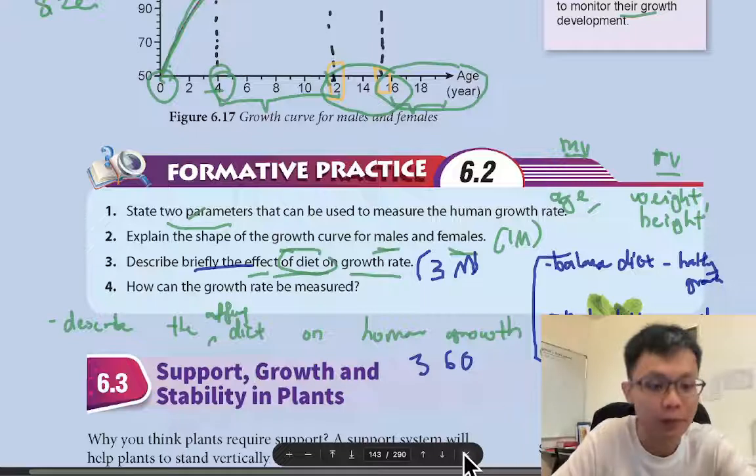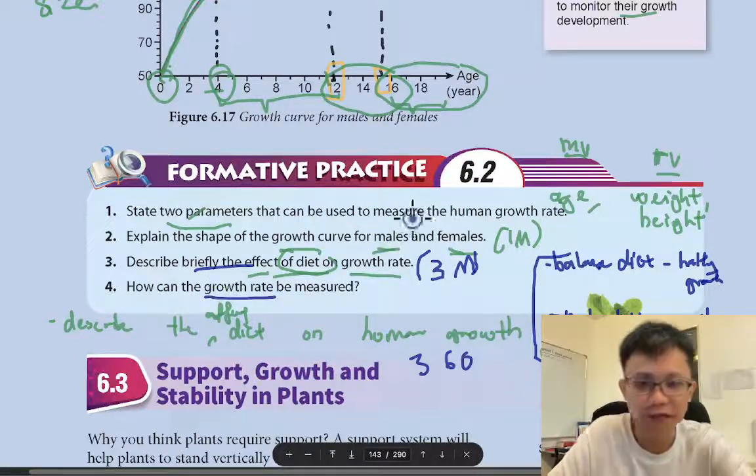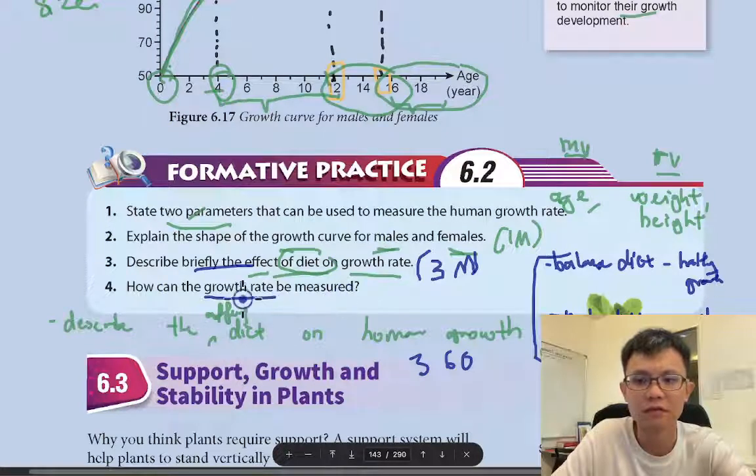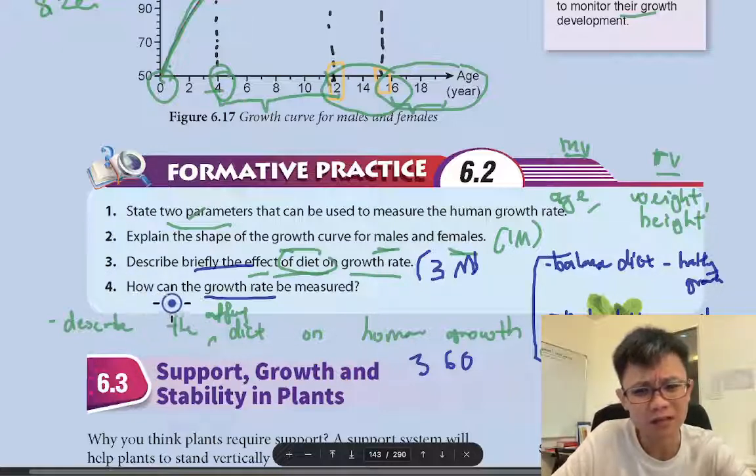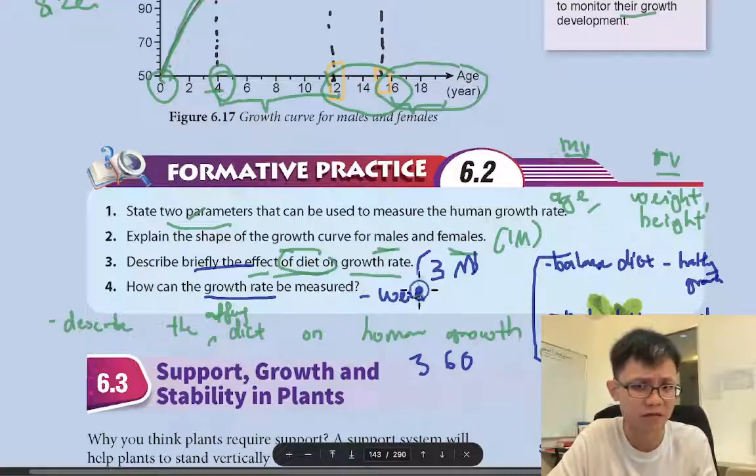Remember the concept. How can the growth rate be measured? Why is number 4 and number 1 almost the same? How can the growth rate be measured? It can be measured in terms of weight, for example, or in terms of height.